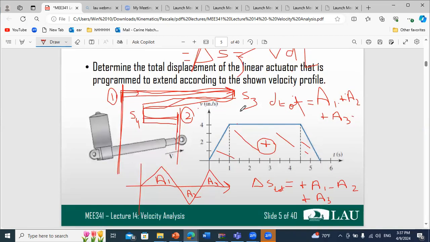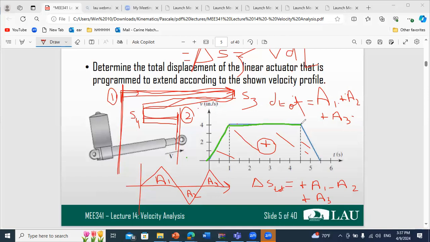Now, if we consider the following figure, they are telling us to determine the total displacement of the linear actuator that is programmed to extend according to the shown velocity profile. So if I tell you, for example, that you need to create this velocity profile, and from the graph, I want you to determine the total displacement.